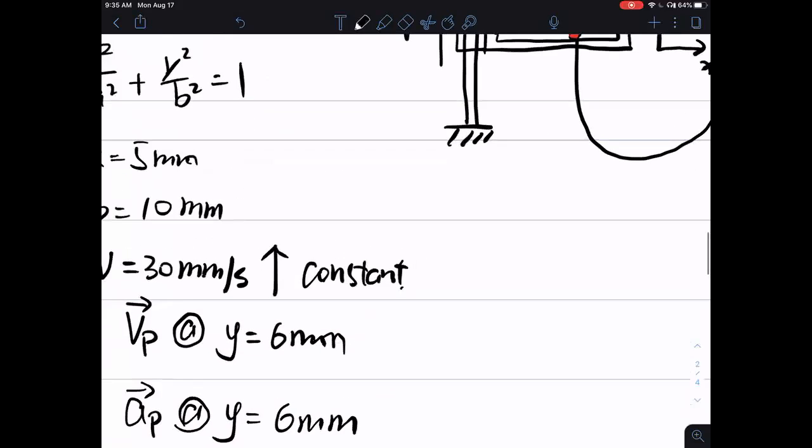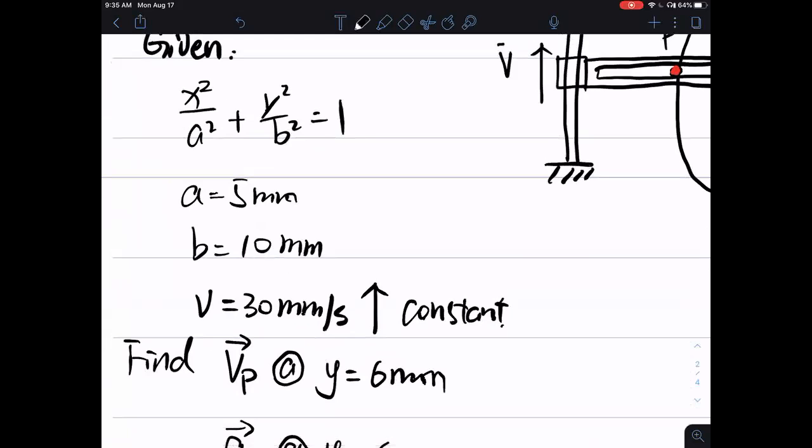Let's come back to the given conditions. There's nothing that tells you what x dot or y dot is. Something very close is that we know this expression. Can we find x_p dot and y_p dot from here? We have x and y here.